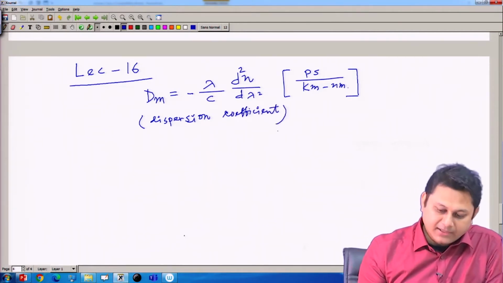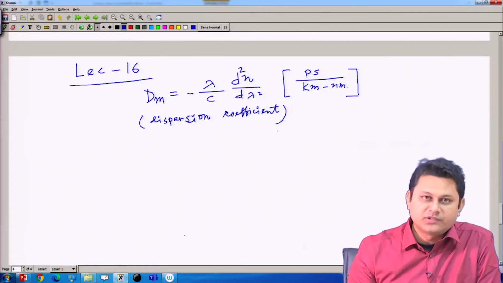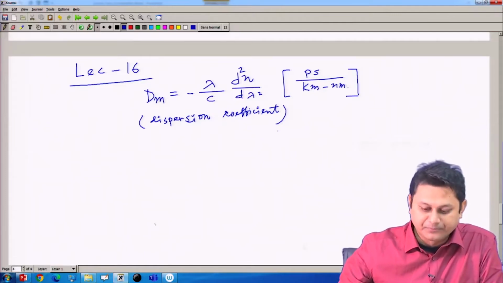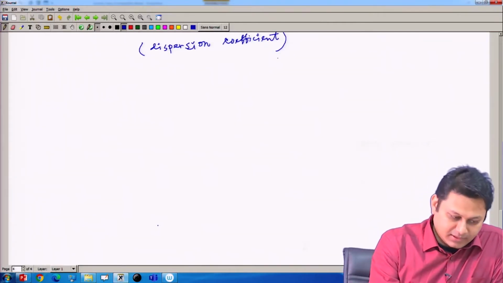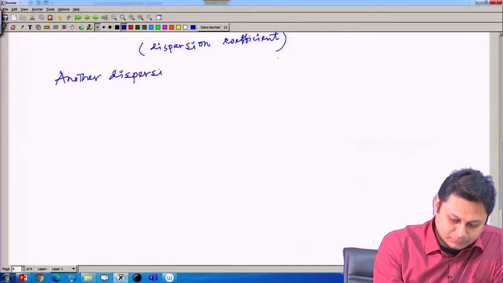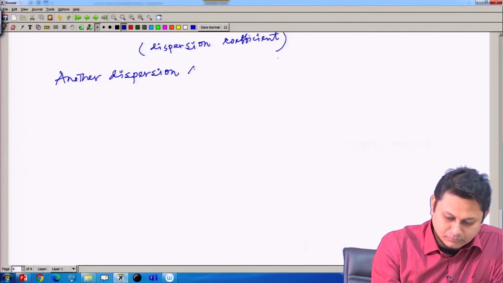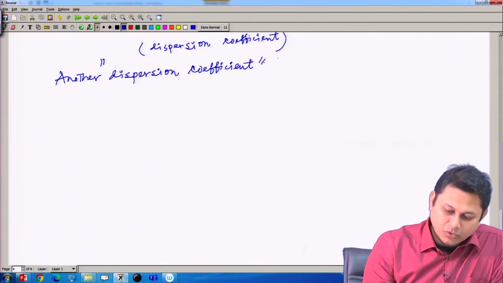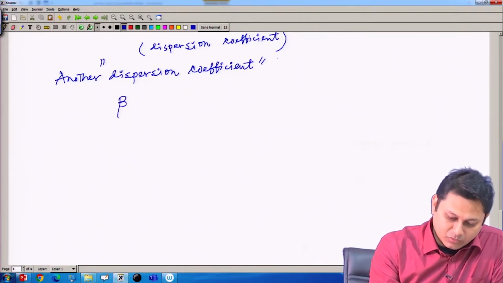Well, apart from that, another useful coefficient is also used, especially in the pulse propagation problem in waveguides. So, another dispersion coefficient which we define as beta 2.